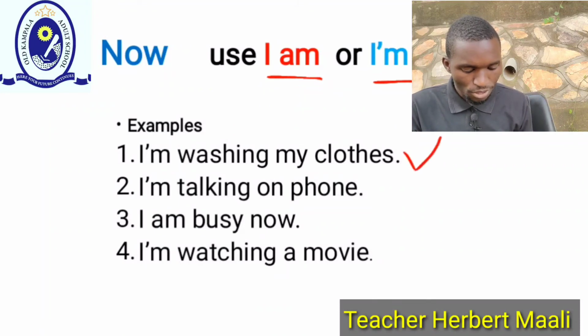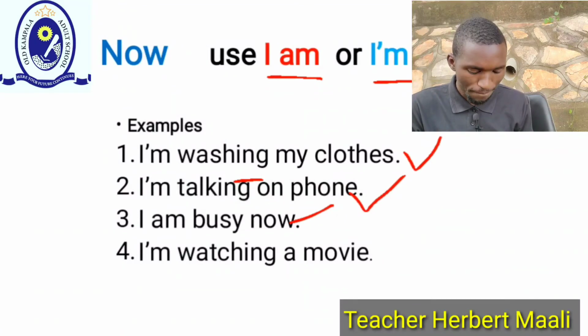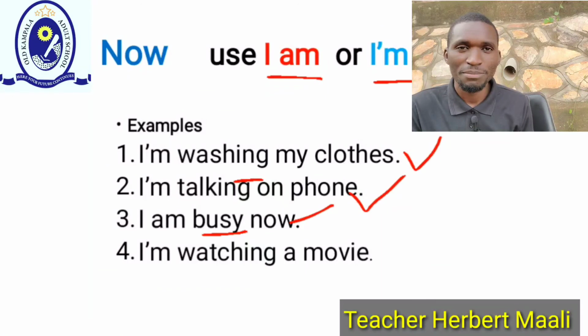You can look at these examples. I am washing my clothes. If it is a verb, you add "ing." Look at number 2: I'm talking on phone. What are you doing? I'm talking on phone. Look at this other example: I'm busy now. Busy is not a verb, so we did not add "ing," because it is an adjective.